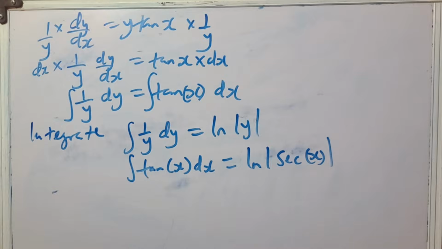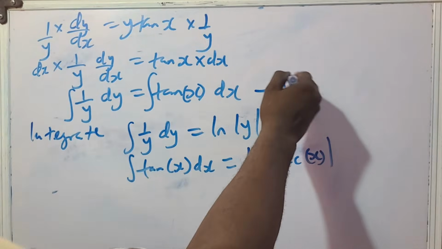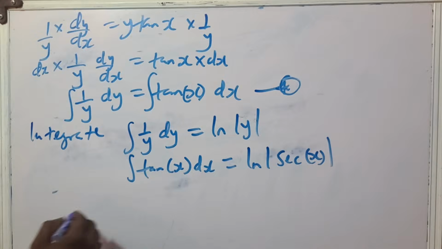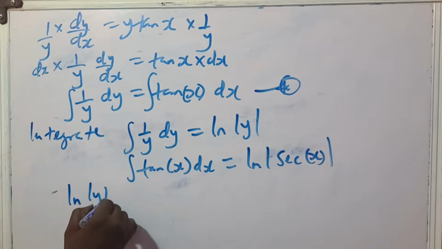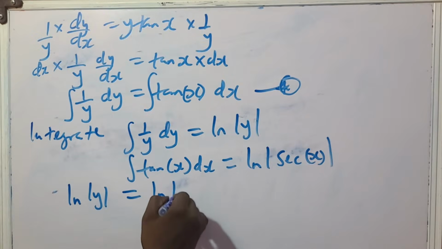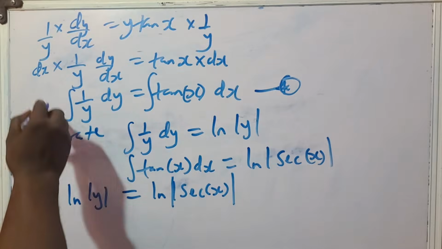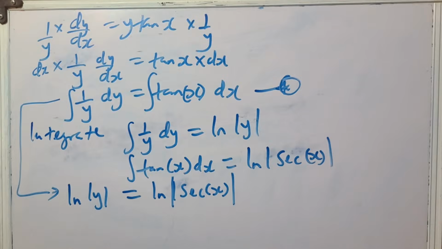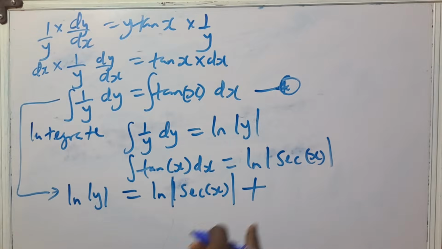So all in all, this equation will be ln y equals ln sec x. Let me put this more straight. This is what we got from integrating. But don't forget we'll be having a constant of integration being added. I'm sure you understand why. Let's call it C1.